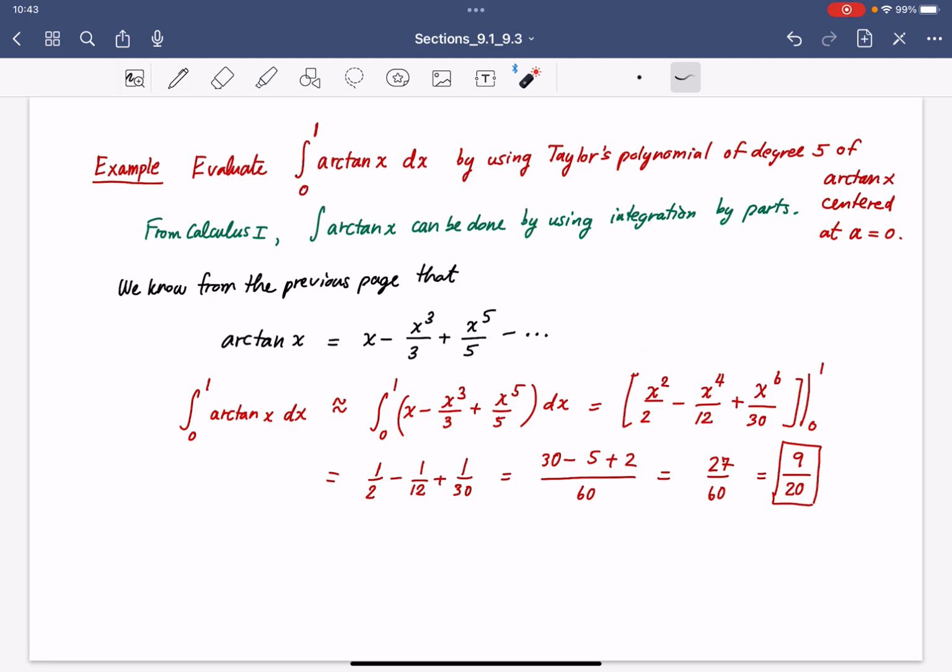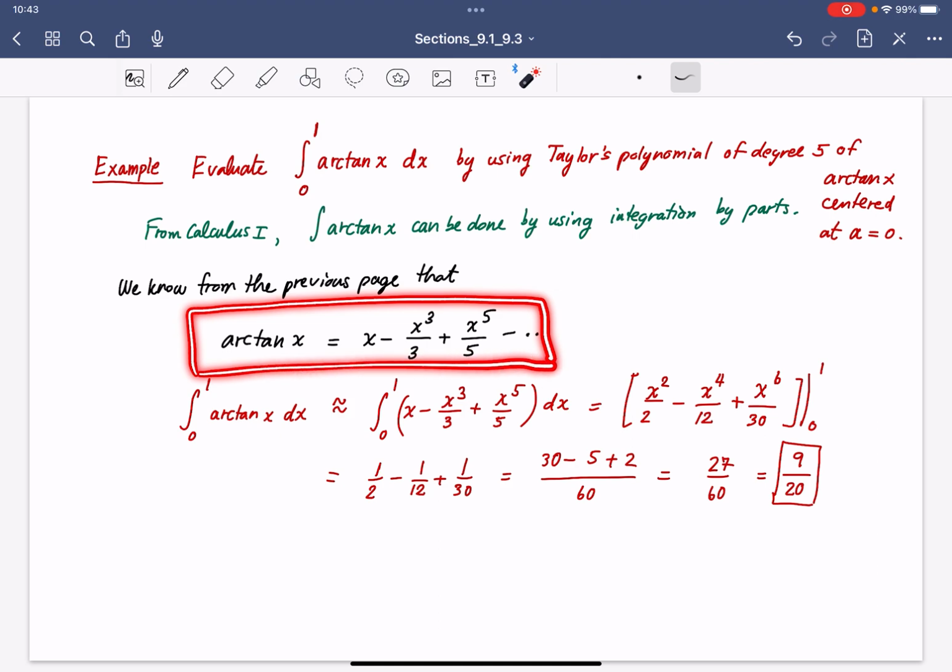Does it make sense? So maybe in the midterm exam, you're gonna see a question where, first of all, I'm gonna ask you to expand the Taylor series of arctan x, like part A, and then in part B you integrate this one and find the approximation.